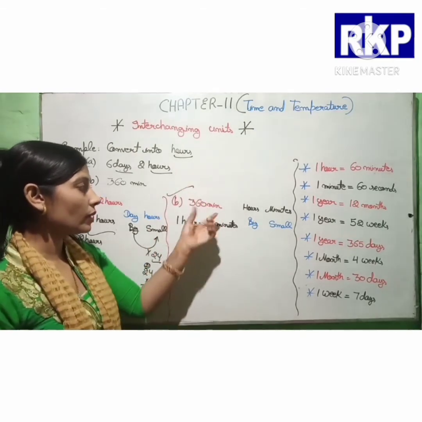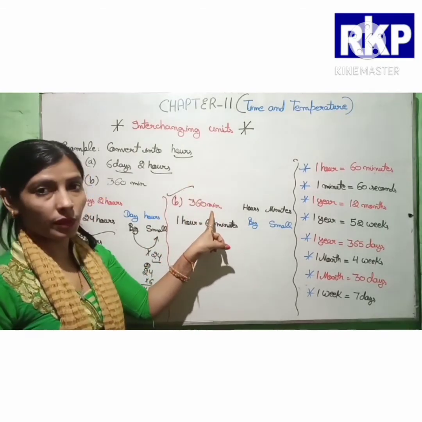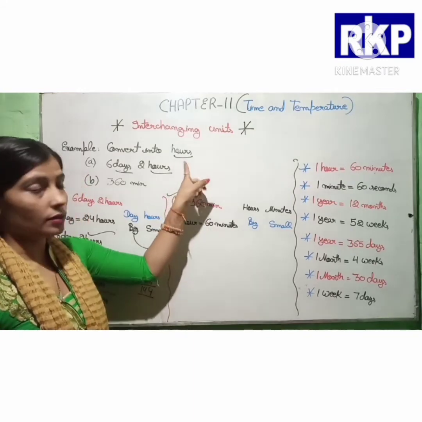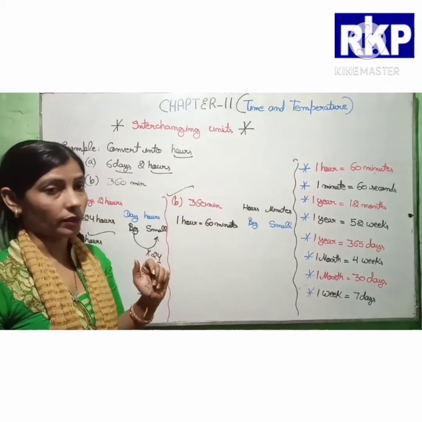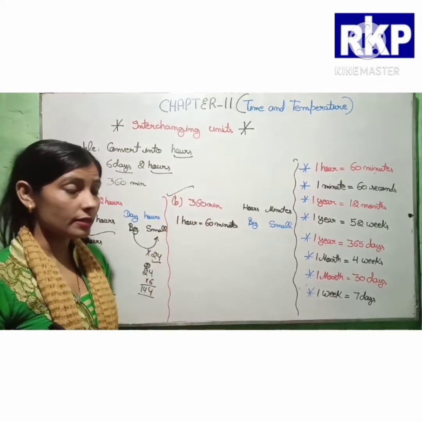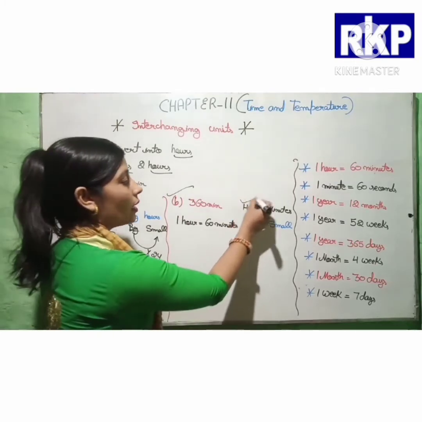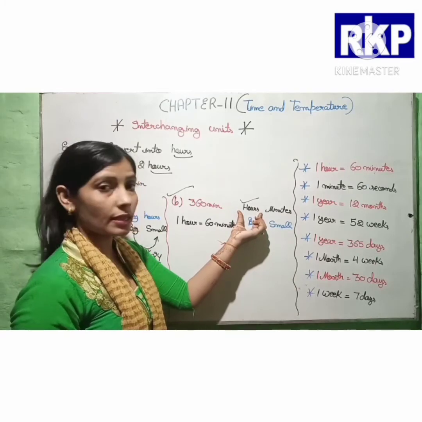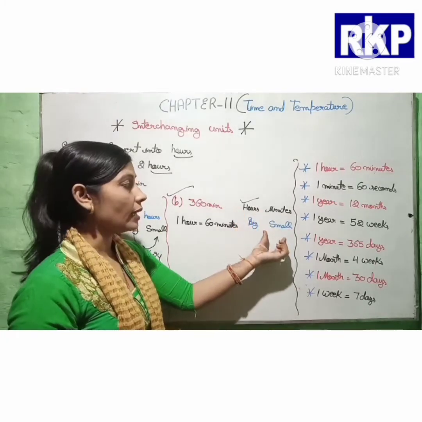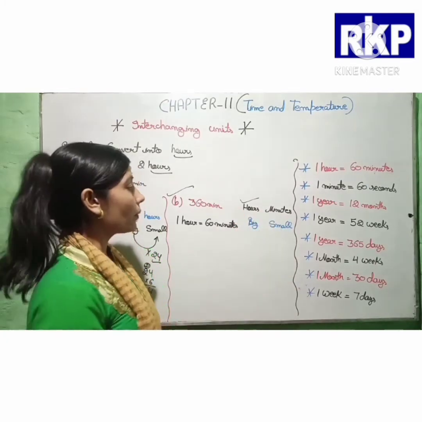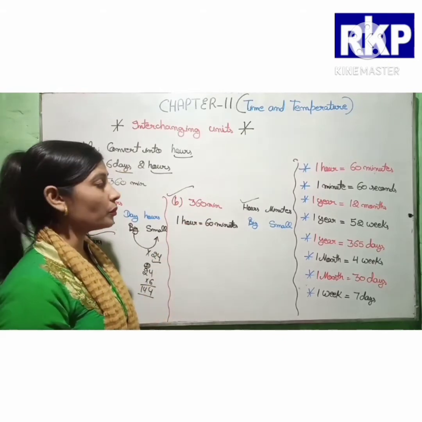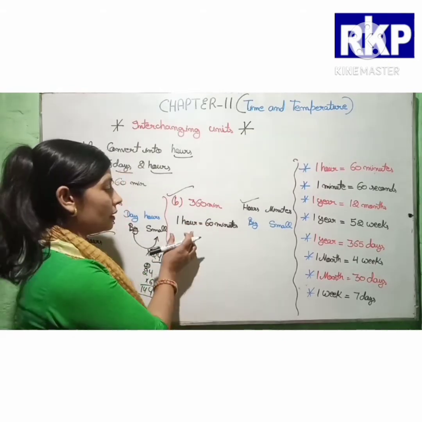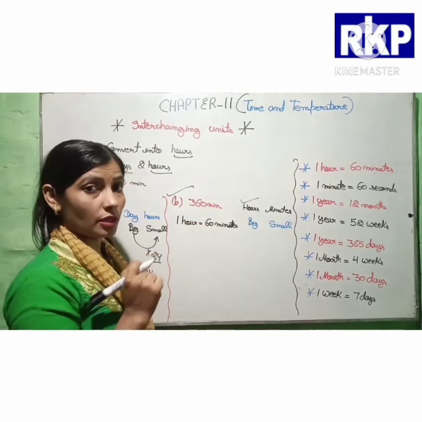Now let us see the B part. Here we have to convert 360 minutes into hours. Here also we have two units, hours and minutes, and we know hours is a bigger unit than minutes. We know the relation between hours and minutes: 1 hour is equal to 60 minutes.